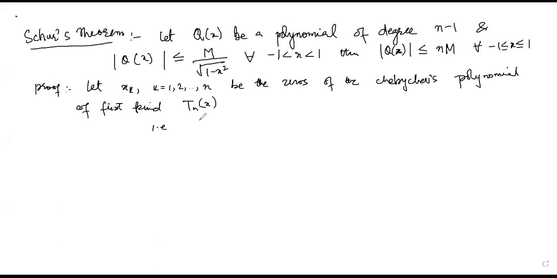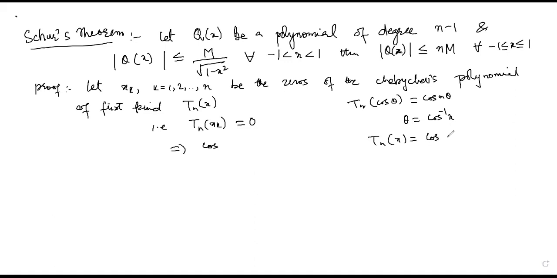T_n(x_k) equal to 0, which means, what does that mean? We know our equation: T_n(cos theta) is equal to cos(n theta). So if I put theta as cos inverse of x, I get T_n(x) equal to cos(n cos inverse x).